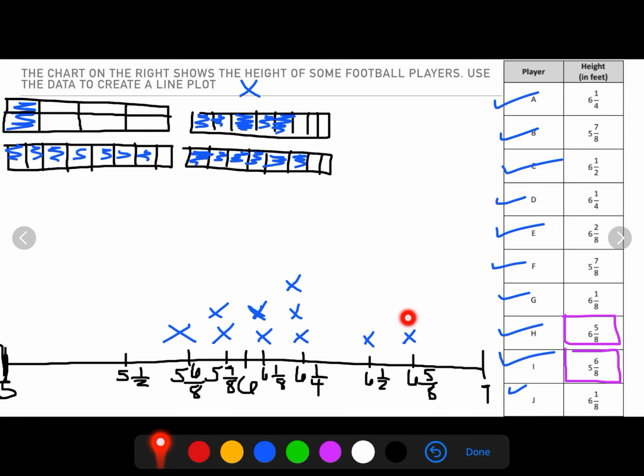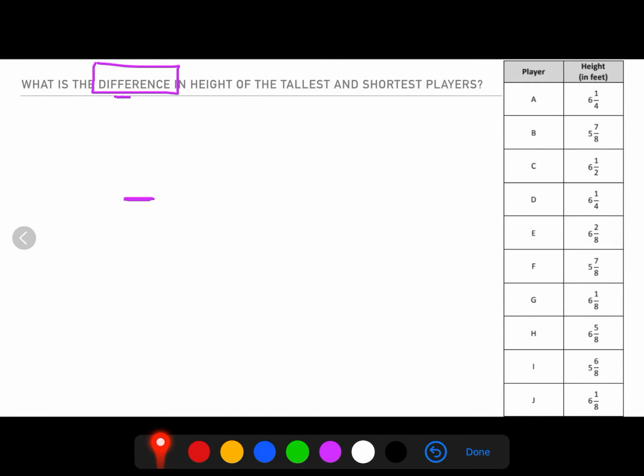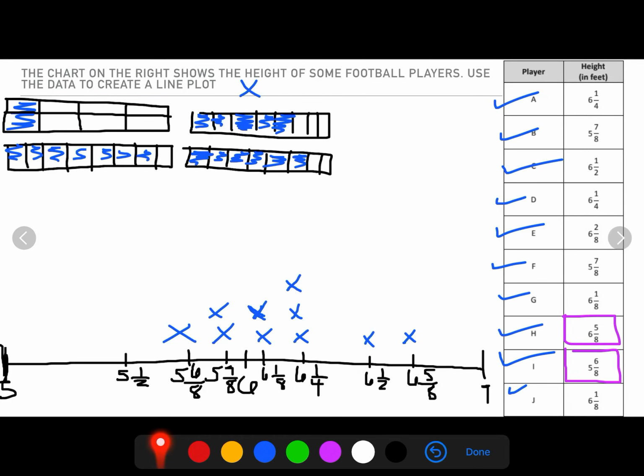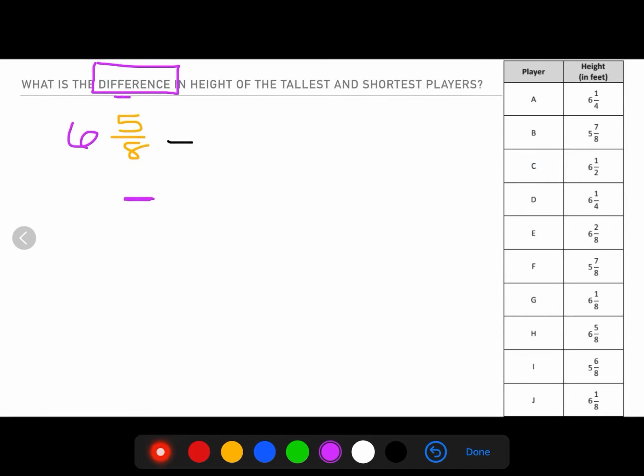Here's my shortest player, and here's my tallest player. So my tallest player is 6 5/8 feet tall. And my shortest player is 5 6/8 feet tall.